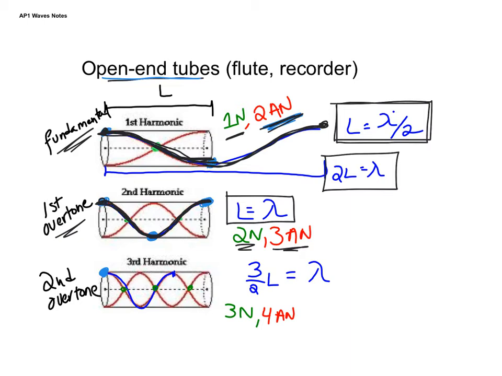Notice that each time I add another harmonic, I'm basically just sticking another half wave into the system and compressing everything a little bit. So this is my previous wave. I've compressed it, and I'm going to add another half wave onto it. So notice I have an antinode at one end and an antinode at another. Notice my wave now is at a crest at the left end and a trough at the right end.